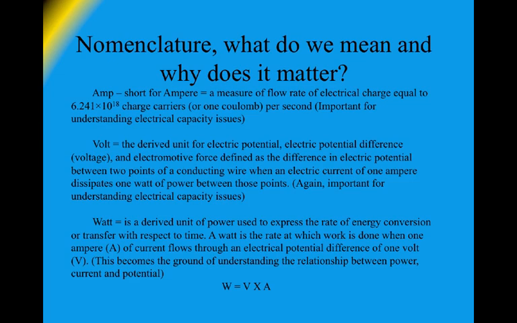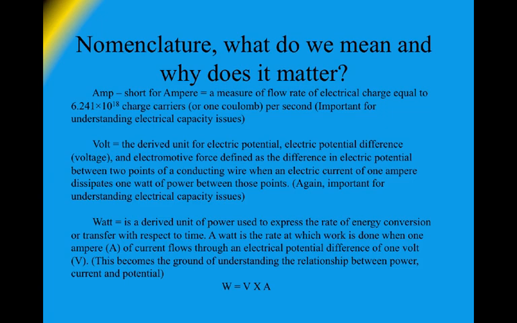So that is 6.241 times 10 to the 18th charge carriers or electrons per second. The term amp is important for understanding electrical capacity issues, as are most of the terms I'm going to go over here. Amps, just for shorthand, remember, is the measure of the flow of the electron charge.